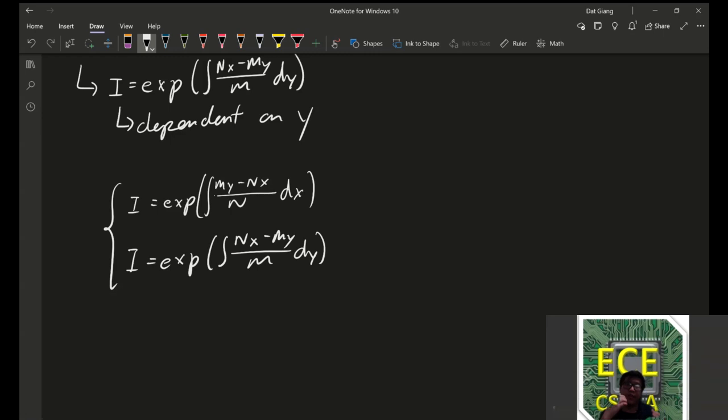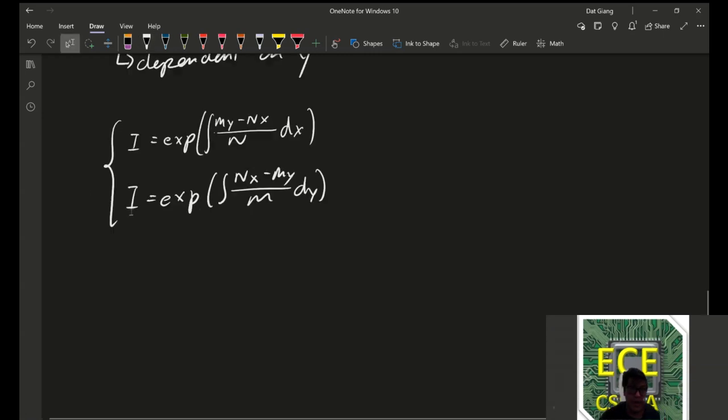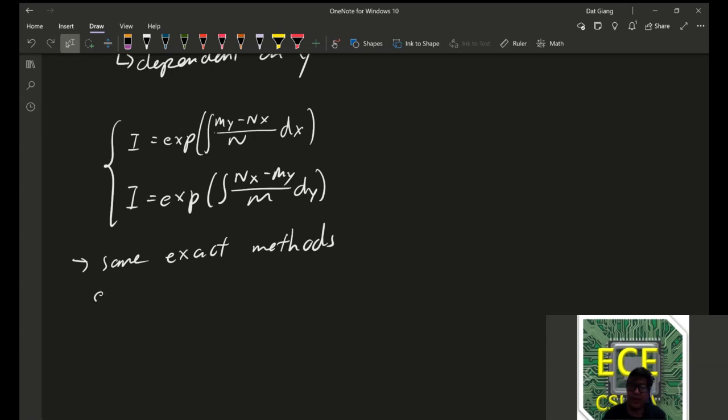We can correct the exact differential equation, and as such, we just use the same exact methods as discussed before. So in the event that Clairaut's theorem fails, we have two integrating factors that we have to account for. And then sometimes it might not even be doable, in which case we just say not doable.